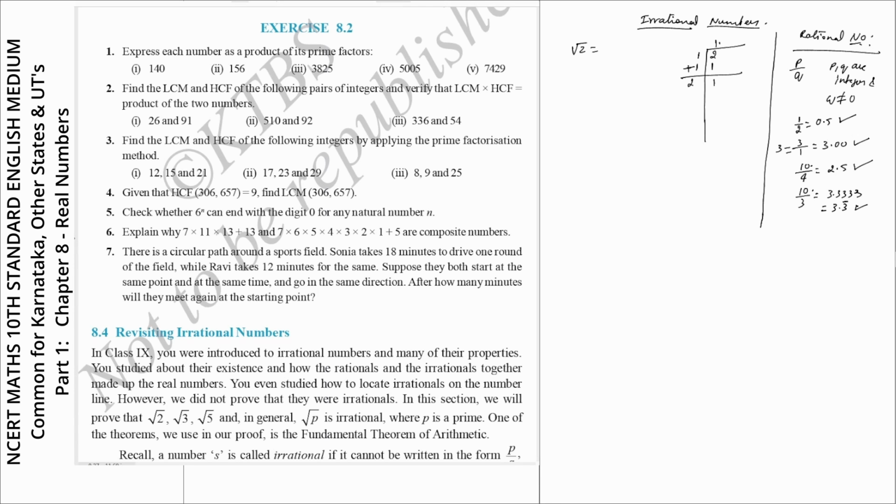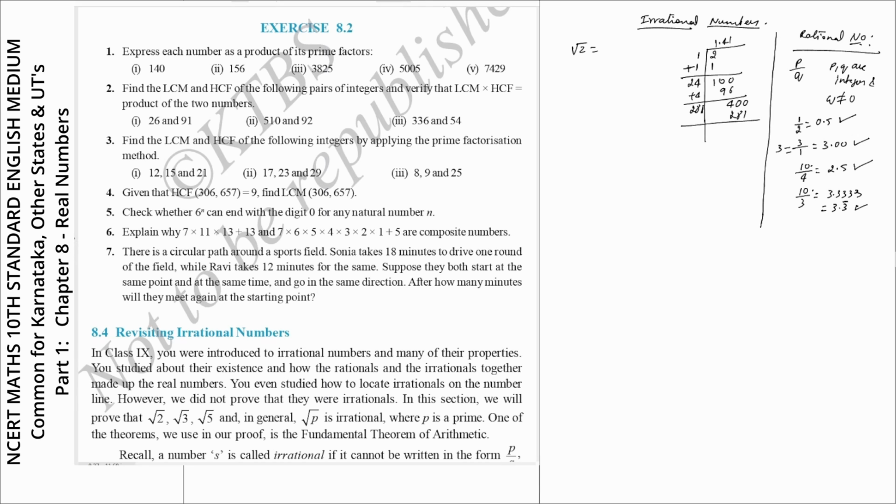Now I'll put a decimal point and 2 zeros. 2 4s are 24 into 4, so 24 into 4, I'll get 96. 100 minus 96 is 4. Now I'll add 4 to this 24, plus 4 I'll get 28. Since I had already put a decimal point, I can put 2 zeros again. Now if I take 1, 281 into 1 is 281. I can't take 2, because 281 into 2 would exceed 400. So I'll take 281.